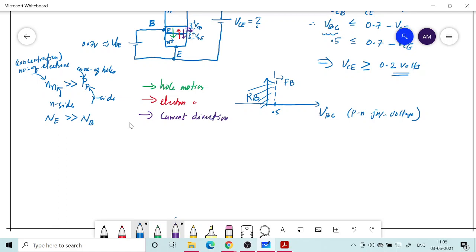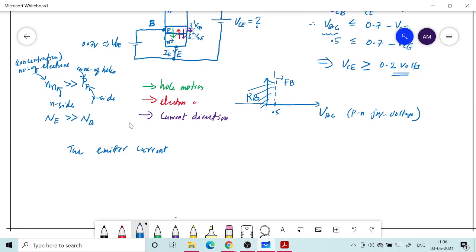Current flows in the opposite direction of the negative charge carrier and in the same direction as the positive one. The resulting current is what makes the emitter current flow, so we will show the emitter current like this.